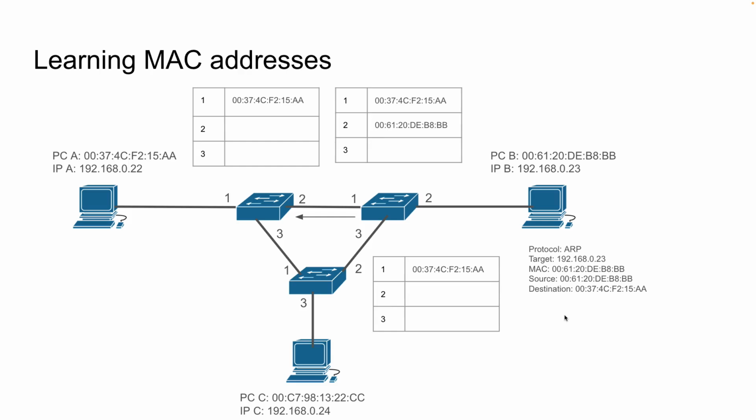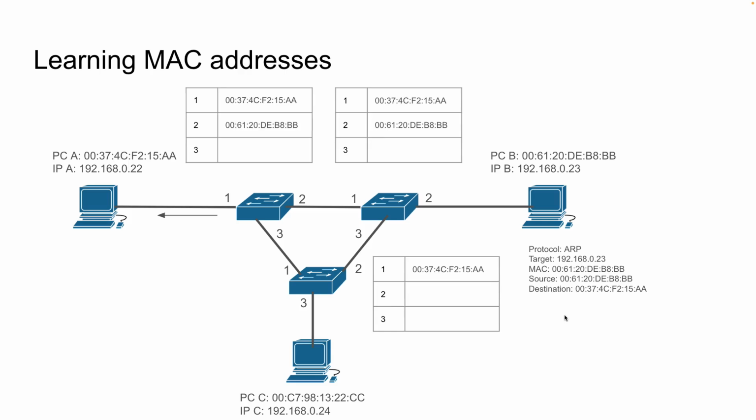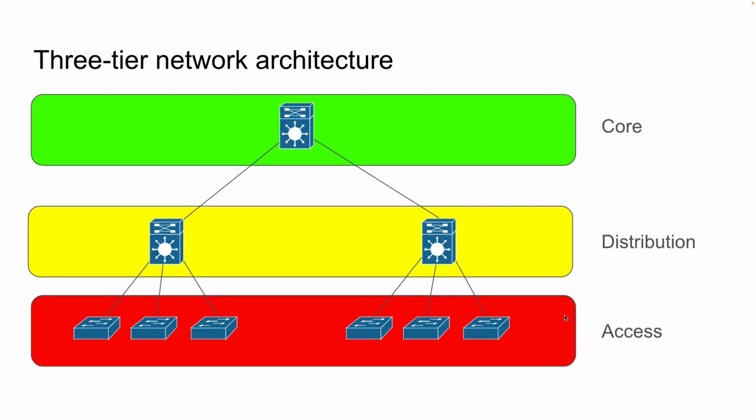When the upper left switch receives this frame, it also learns the source MAC address of personal computer B, and it also forwards the frame in a unidirectional way. So this is the directivity feature of forwarding of Ethernet frames, as it's stated in the standard.